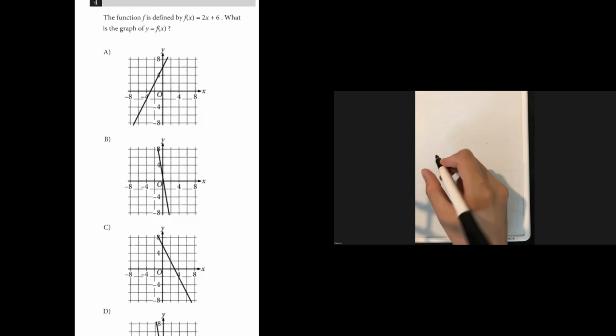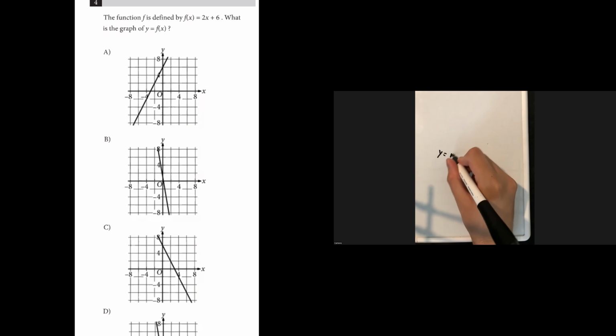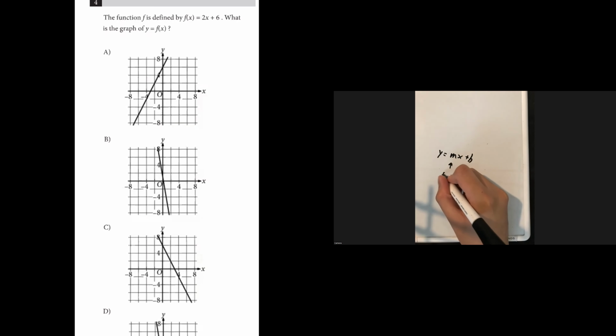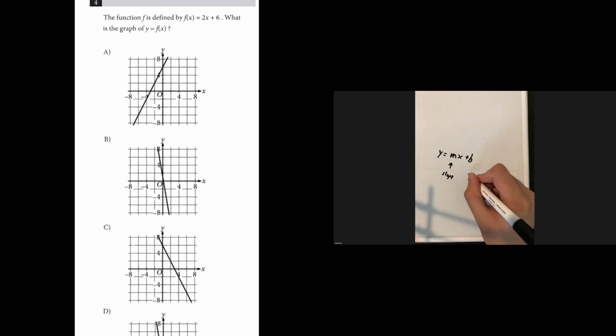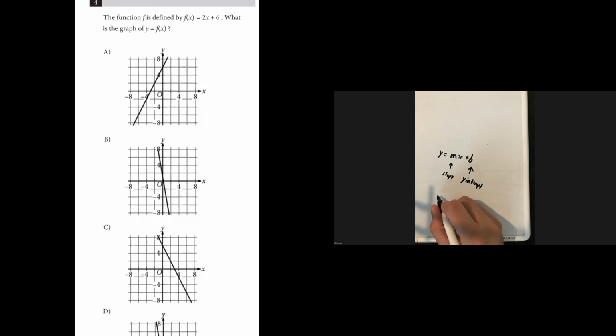Okay, so for this one, we're given the function f is defined by 2x plus 6. So this is just normal slope form, which is just y equals mx plus b, with m being the slope and b being the y-intercept. And so here we're given 2x plus 6, so the slope is 2.